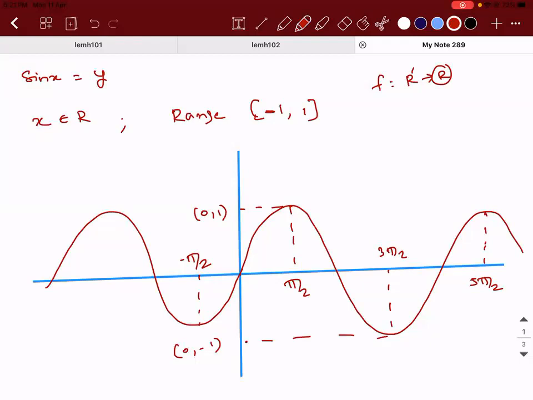So what are we supposed to do to make it a one-to-one function first? Listen to my question carefully. I have the function called sin x. I'll be able to define the inverse for it only on the day this function becomes one-to-one and onto simultaneously. So I want to make it a one-to-one function. How can I do that?